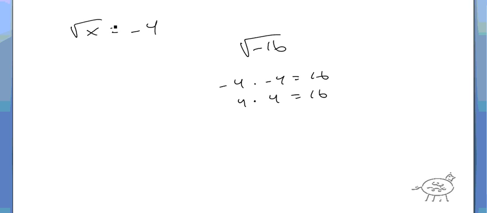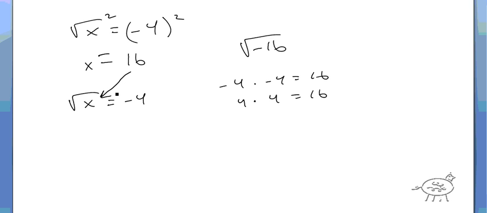So you can't, and I know you're tempted to do this: square both sides and you get x equals 16. Okay, but if you go back and check your original problem, if I put that 16 back in there, the square root of 16 is not negative 4, it's positive 4. So this is the deal.